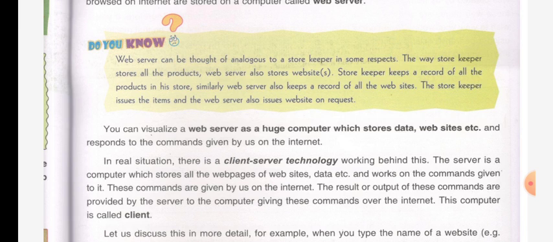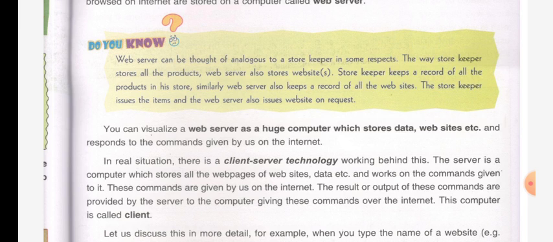One example is also given here. Just like a storekeeper stores all the products and keeps records of all the products in his store, a web server is a huge computer which stores data like websites or web pages.